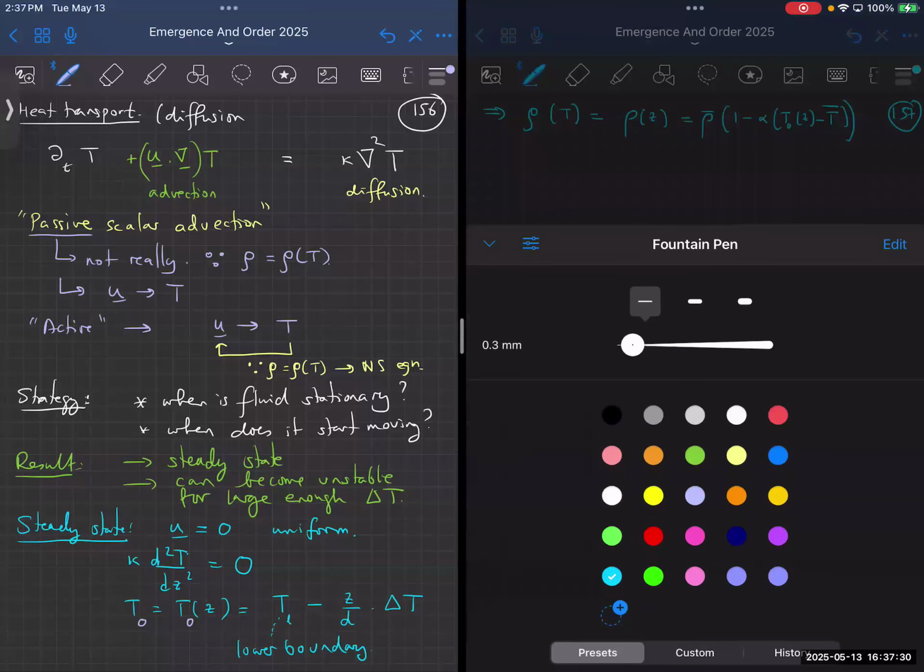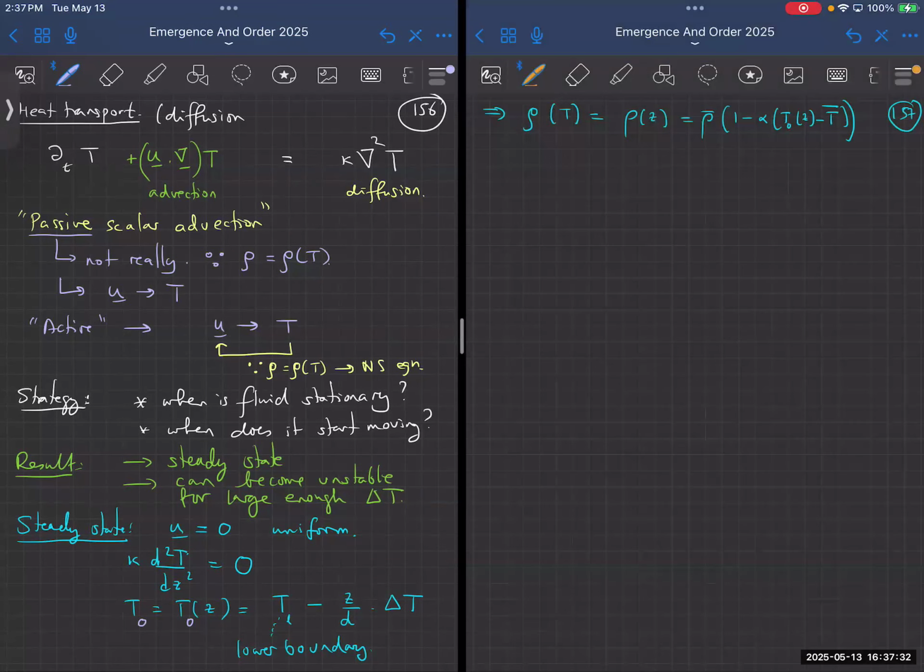Then what is the hydrostatic pressure? So I know that U is equal to 0. So that means that minus dP naught by dz minus rho naught of z times g is equal to 0, just plugging in from the Navier-Stokes equation.